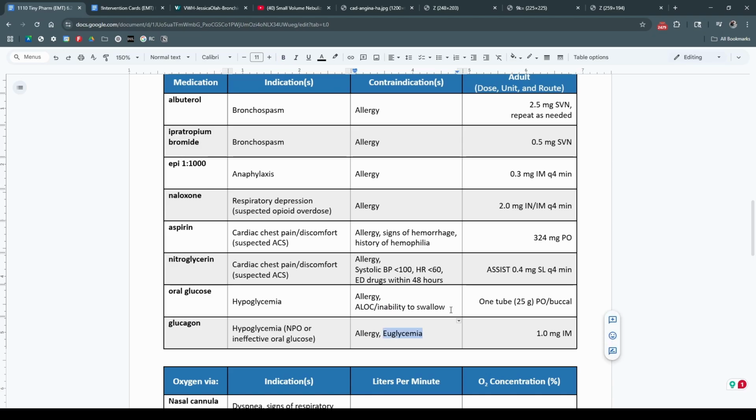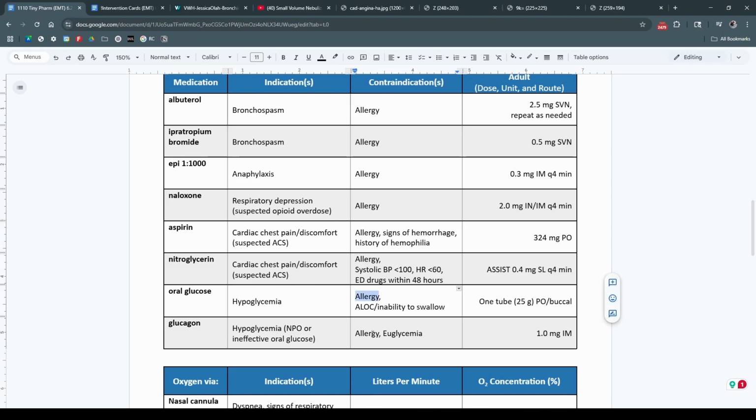But again, I say euglycemia because of how common it is for stroke to be confused with low blood sugar. What I mean is if you get a person with altered mental status or unresponsive or unconscious, check their sugar, and if it's low, administer one of these medications as appropriate. But if their sugar is not low, then we're not doing that, even though they look like a hypoglycemia patient.